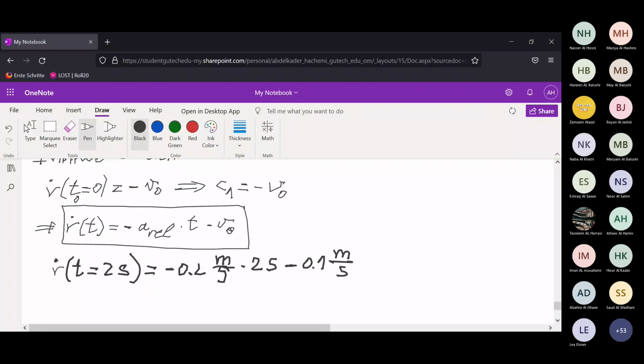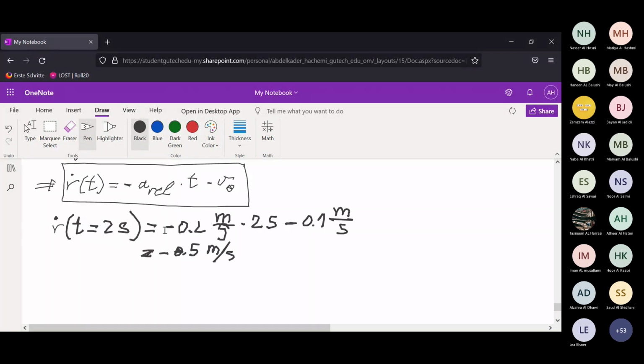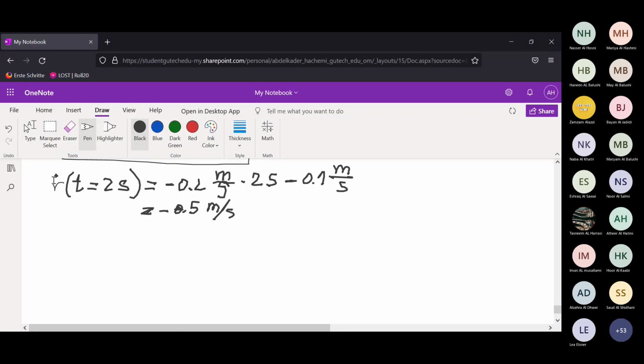And if we replace, we get minus 0.5 meter per second. This is the velocity in the radial direction.